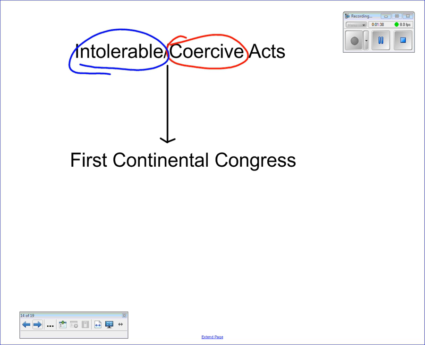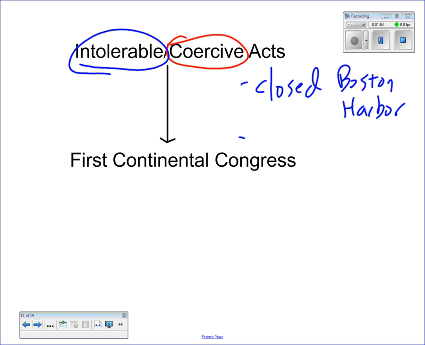Essentially what these did was they closed Boston Harbor. So the merchants were obviously shut down from their livelihood. They could no longer do any business out of the harbor until the tea was paid for, which the colonists obviously refused to do because they denied doing it, because it was the Mohawk Indians.